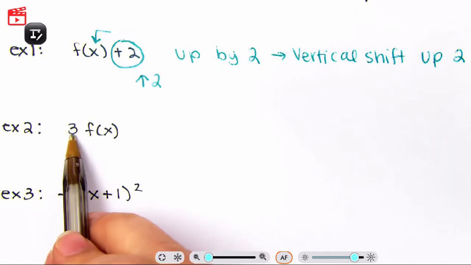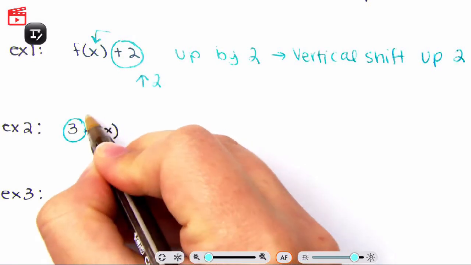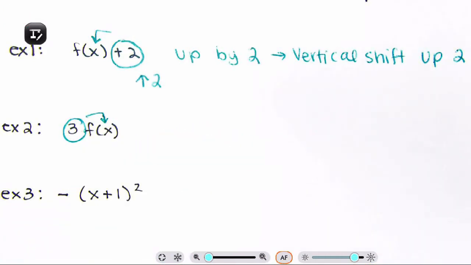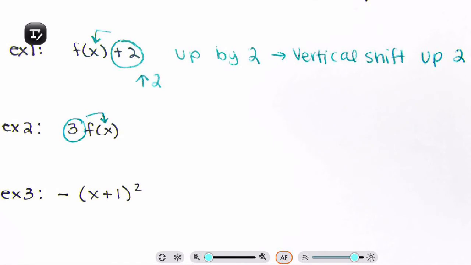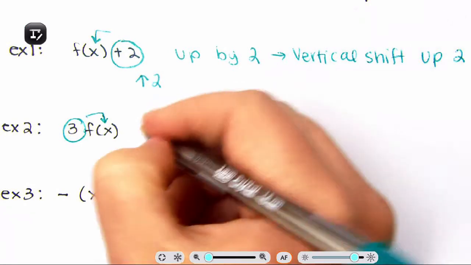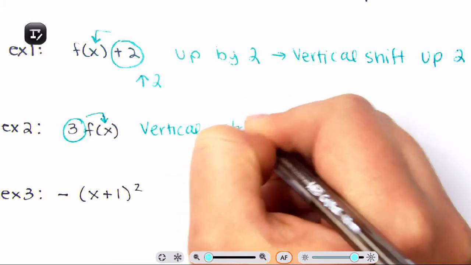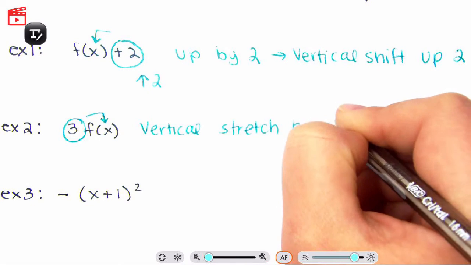This one here is also outside the bubble. 3. We're multiplying our function by 3. Outside the bubble means you have a vertical. Outside the bubble means you do what it looks like. So if this is multiplied by 3, when you multiply something, the value gets bigger. So vertical stretch by 3.